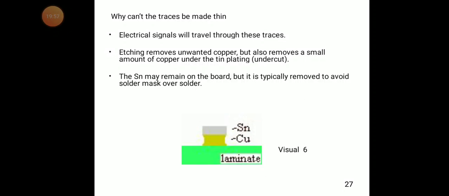The tin may remain on the board, but it is typically removed to avoid solder mask over solder. You can see that the unwanted copper is gone, but some portion of the needed copper clad is also removed.